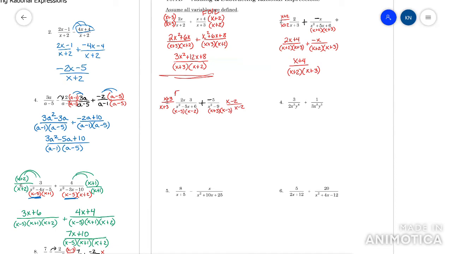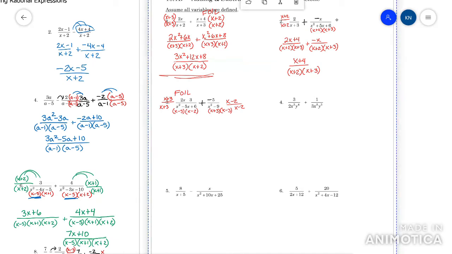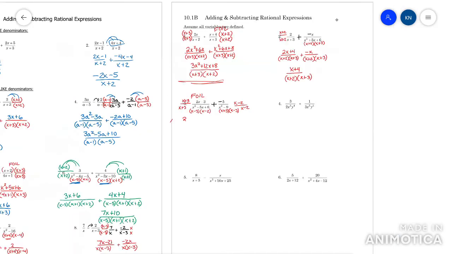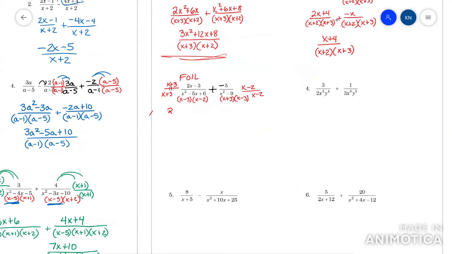You will have to run FOIL right here. So you're going to end up getting 2x squared plus 3x minus 9 over that common denominator.